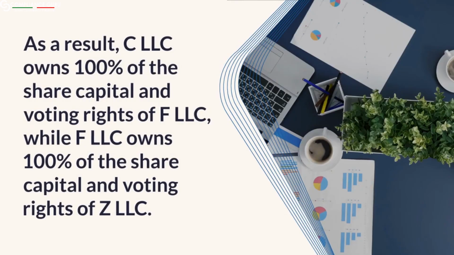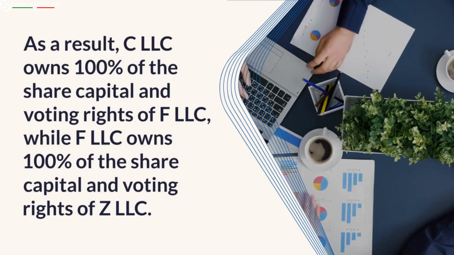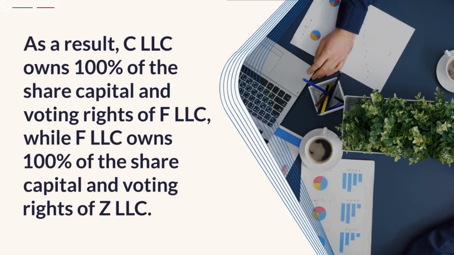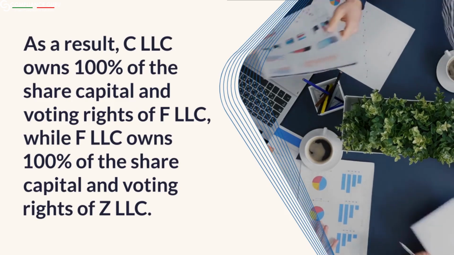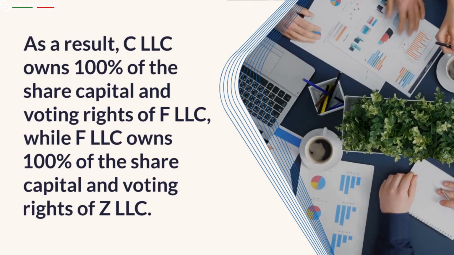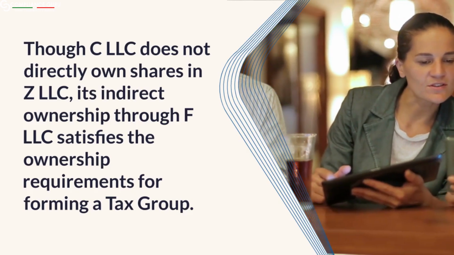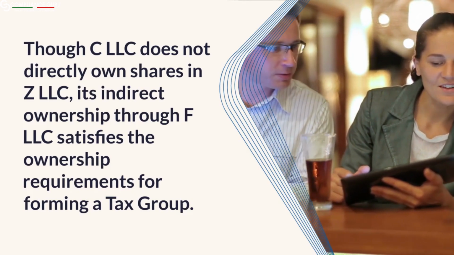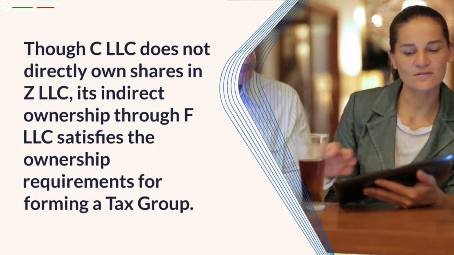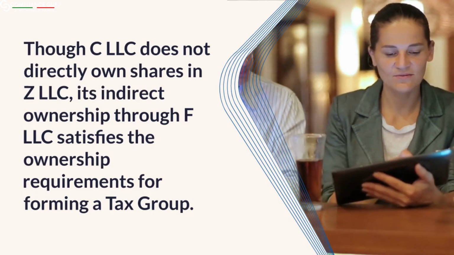As a result, C LLC owns 100% of the share capital and voting rights of F LLC, while F LLC owns 100% of the share capital and voting rights of Z LLC. Though C LLC does not directly own shares in Z LLC, its indirect ownership through F LLC satisfies the ownership requirements for forming a tax group.